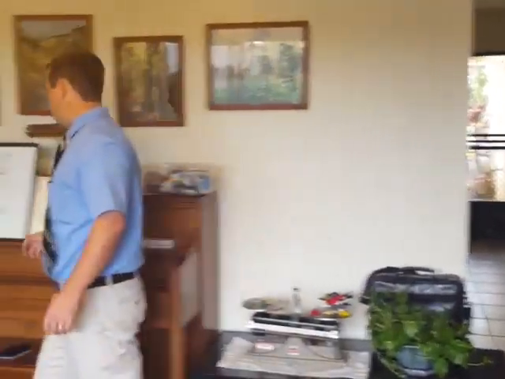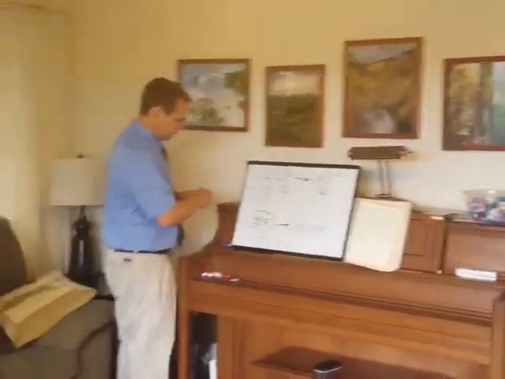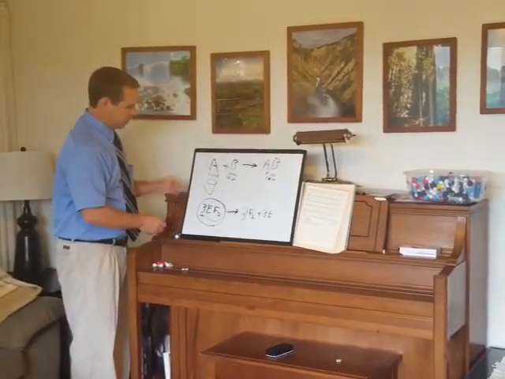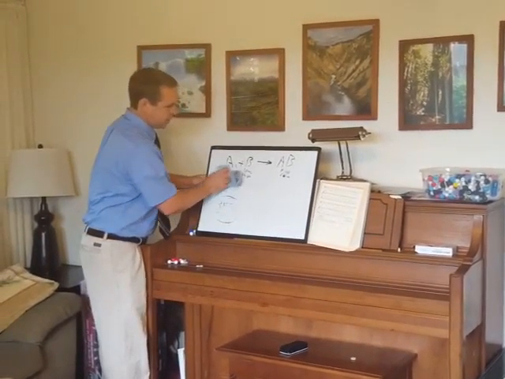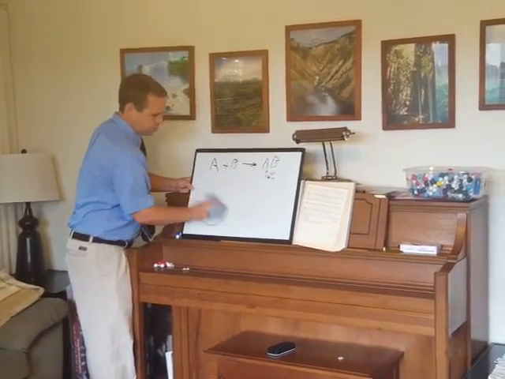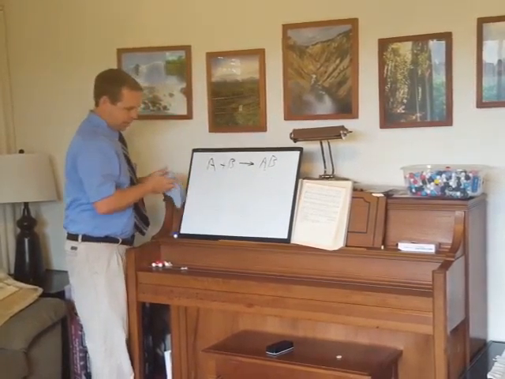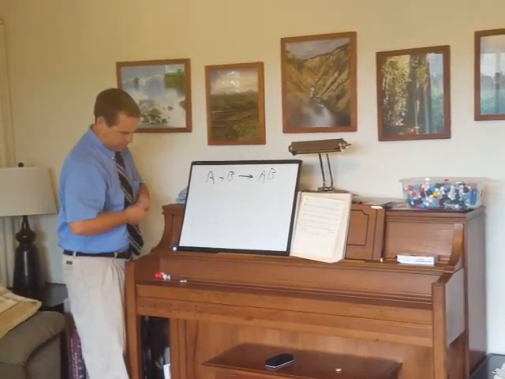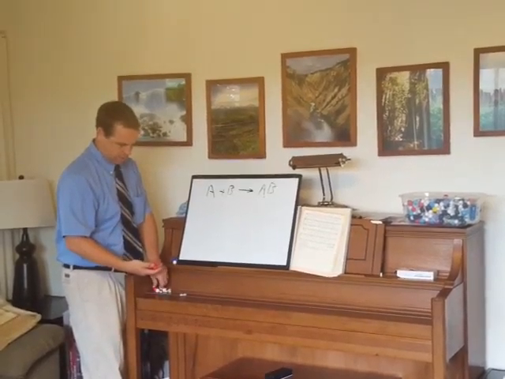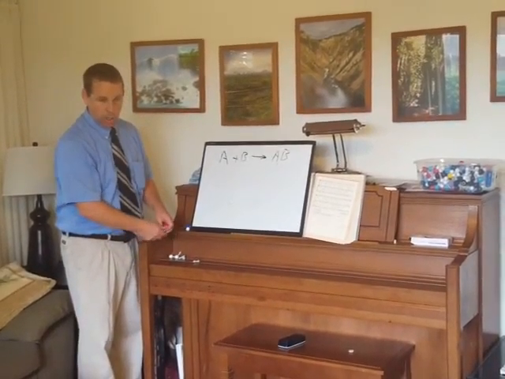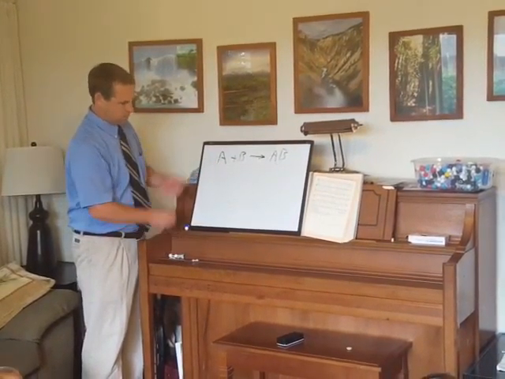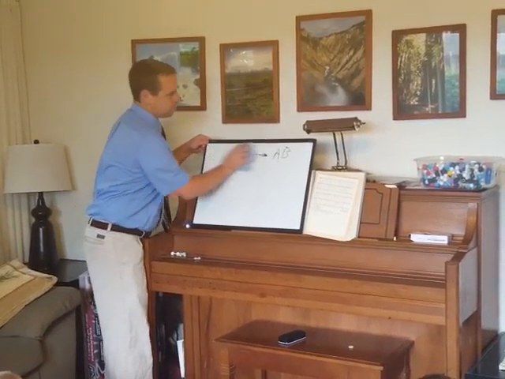Let's pretend that I wanted to perform a reaction here with A's and B's, but now it's not pilots and spaceships, but it's these atoms, these reds and yellows. Let's change these letters quick here.